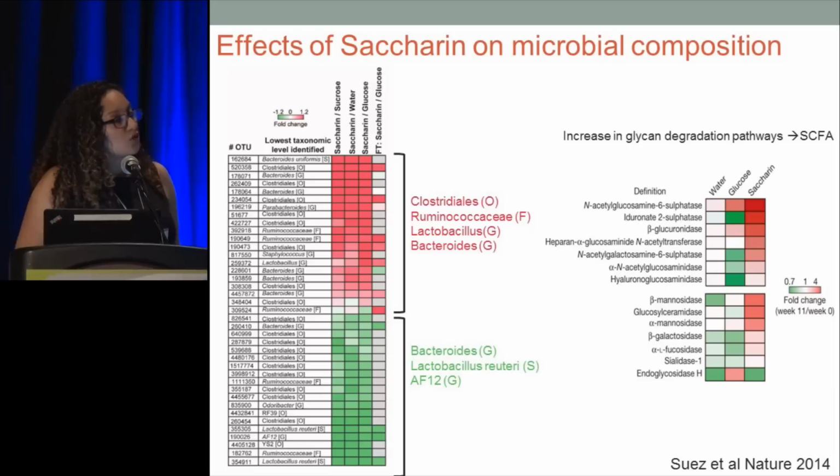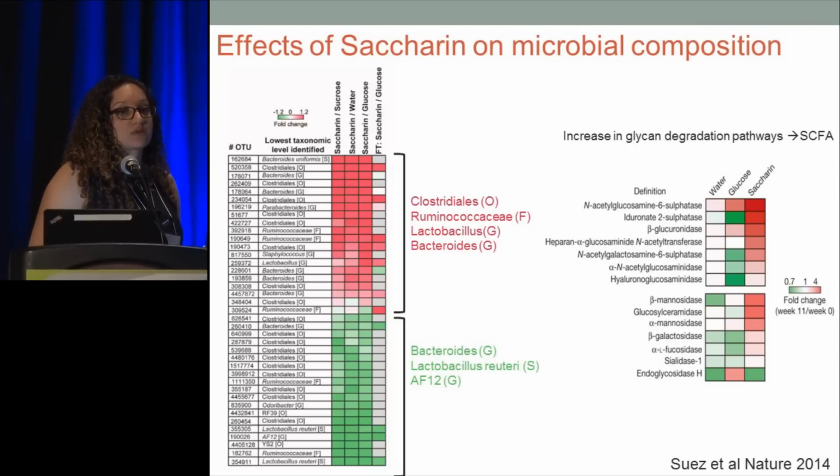With saccharin treatment, you saw an abundance of the order Clostridiales, Ruminococcaceae, Lactobacillus, or Bacteroides. And with saccharin treatment, you also saw a decrease in the Bacteroides genus. This could just be other microbial taxa, other species in that genus that have been changed, as well as a decrease in Lactobacillus reuteri and AF12.